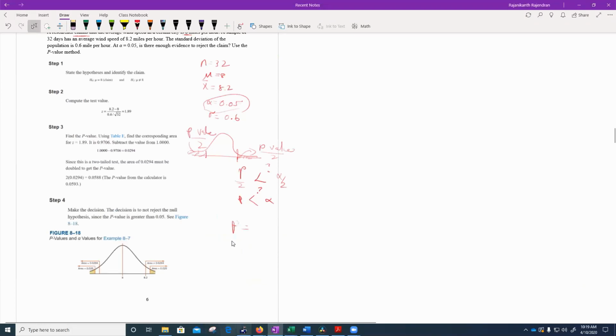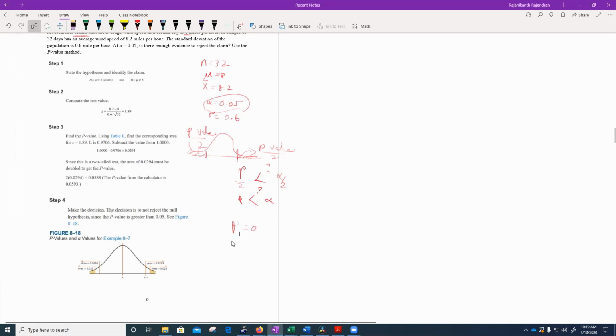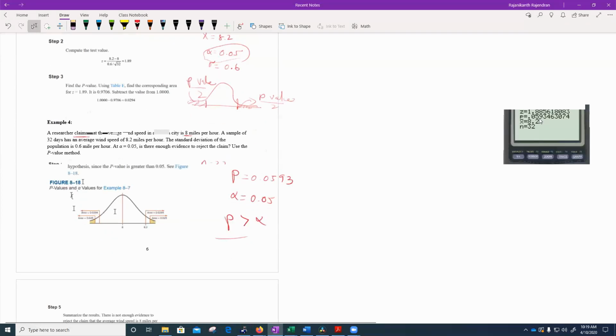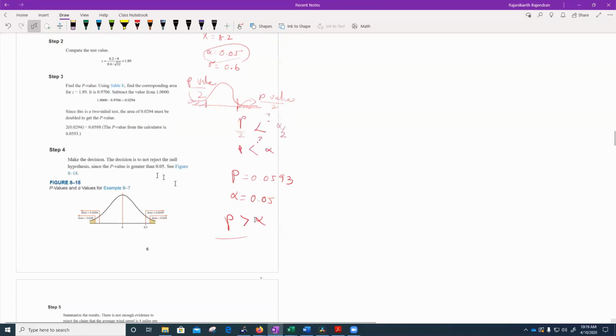My alpha says 0.05, so p is bigger than alpha. Therefore, what is my decision? We cannot reject. There's not enough evidence to reject, right? Therefore, your decision is to not reject the null hypothesis because the p-value is greater than 0.05. Okay?